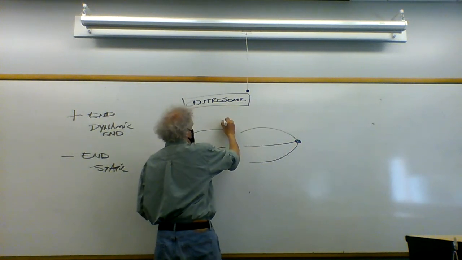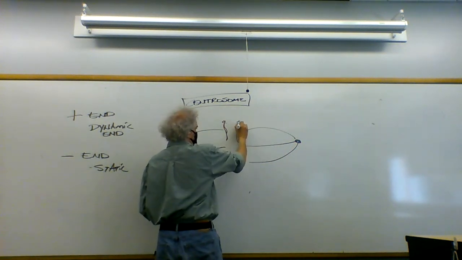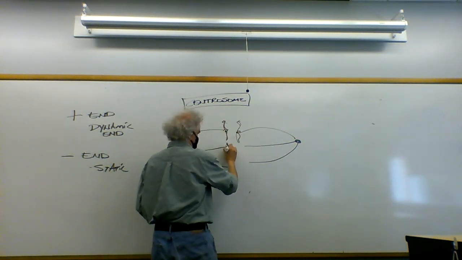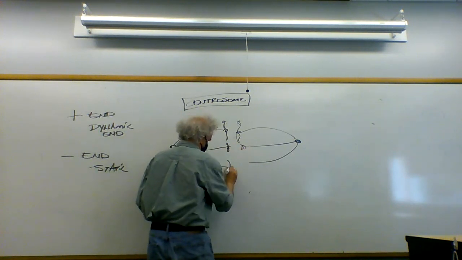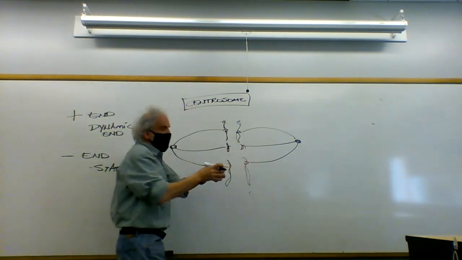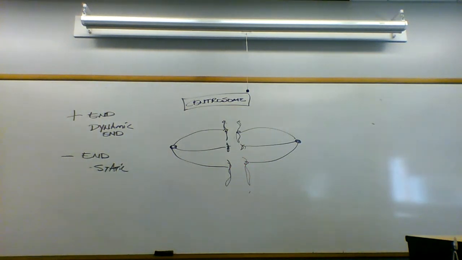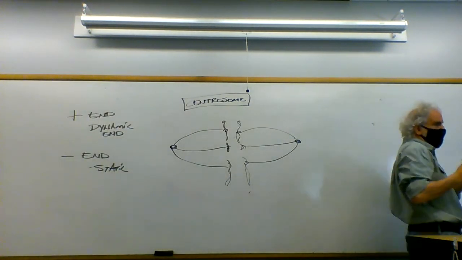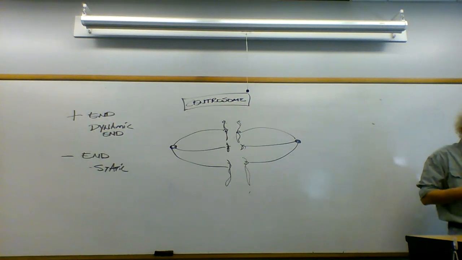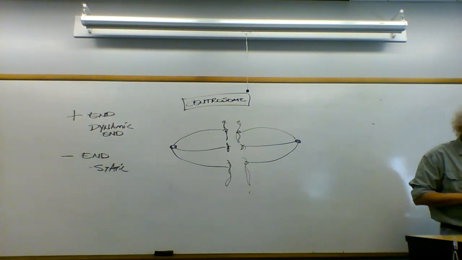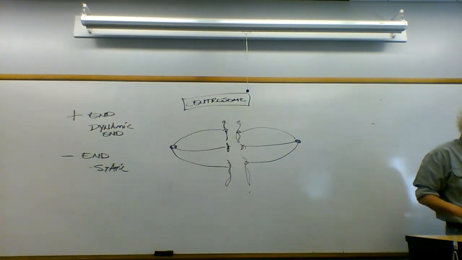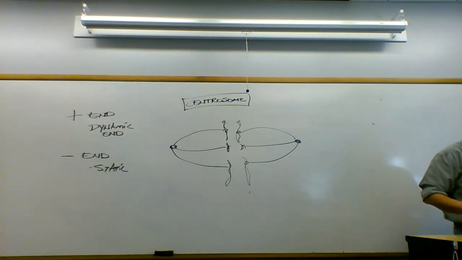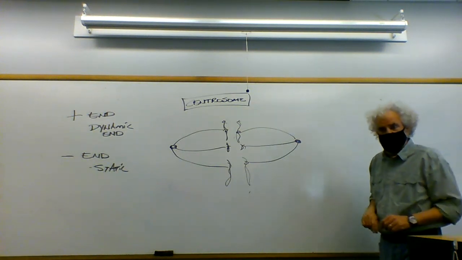And they're going to meet up with the chromosomes and begin pulling them apart. And this is, in fact, the part of the cell cycle that we call anaphase, as the chromosomes are being pulled apart. And we will pick up on this on Wednesday. And that's all I have to say about that.